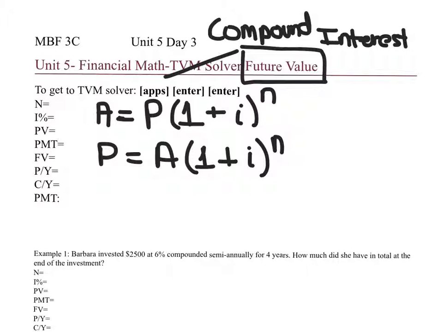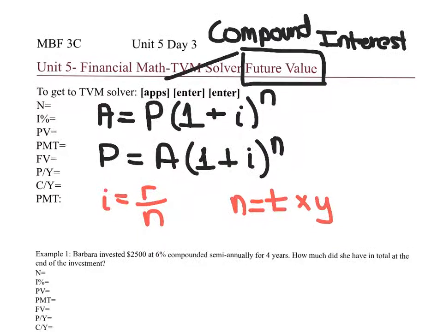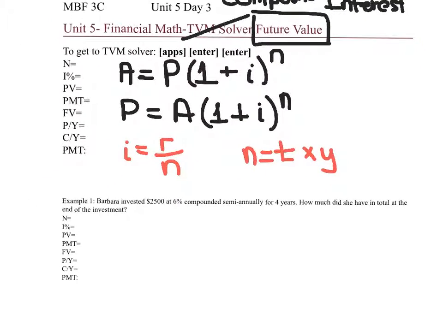Just a little reminder that i equals r divided by n, and little n equals the number of times per year, multiplied by the years, when we're solving this stuff. If you ever see this, we're not really going to be worried about that information there. Again, we're moving away from that concept, and it's better that you have the skills to practice actually solving.